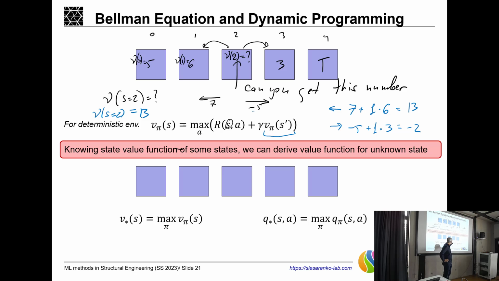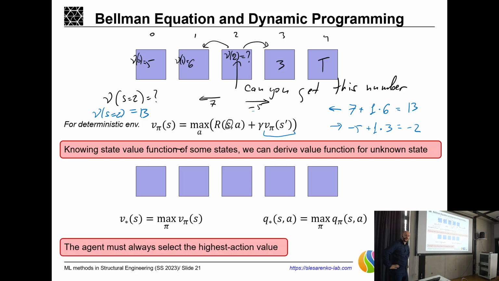Our value will be the maximum of all values for the specific state and action. So the agent must always select the highest action value, and that would be a strategy that helps us maximize our return. That's important to know.